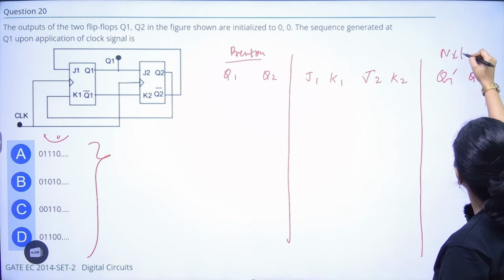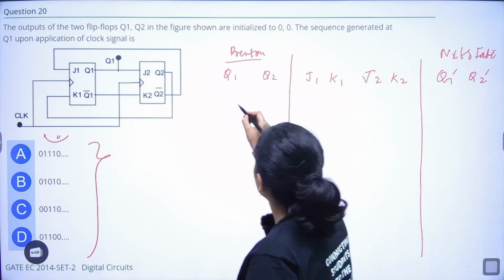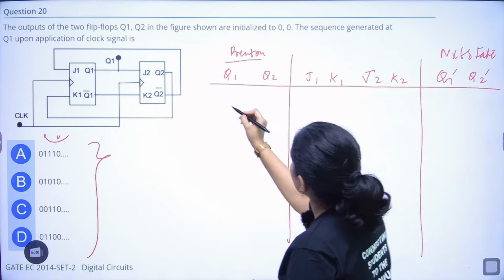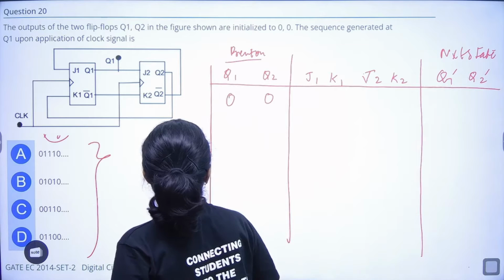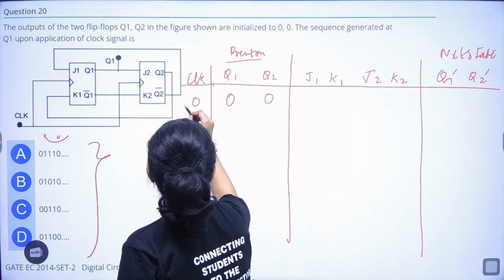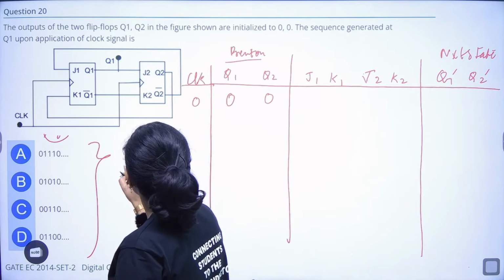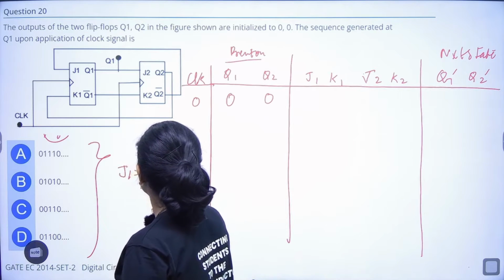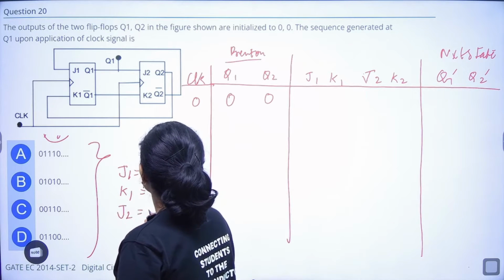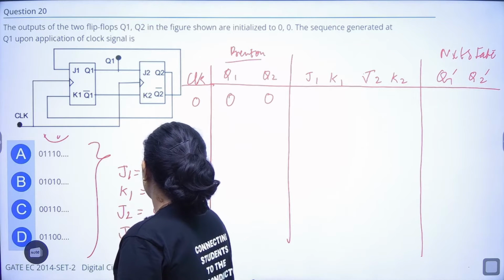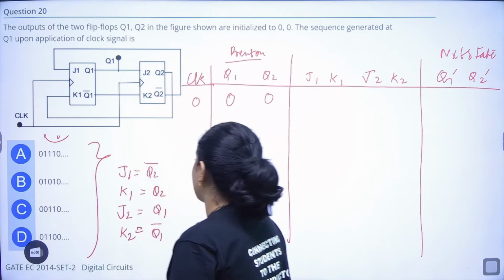The initial values are given as 0 and 0, first clock. This is the clock I'm also drawing. So at the initial value, J1 is equal to Q2 bar, K1 is equal to Q2, J2 is equal to Q1, and K2 is equal to Q1 bar.